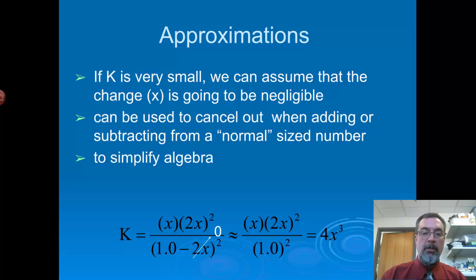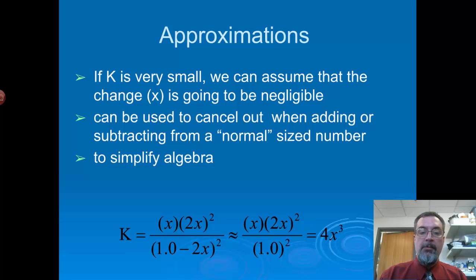So for example, if you look at our problem here, this is just taken from any old equation, doesn't really matter. When we set up our K value, we have x times 2x squared over 1 minus 2x squared. Okay? If we assume that K is very, very, very small, we can say, well, if K is very small, then the value of x is going to be very small.